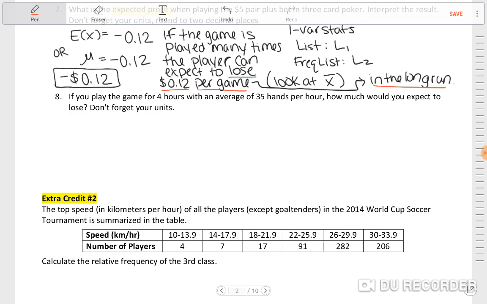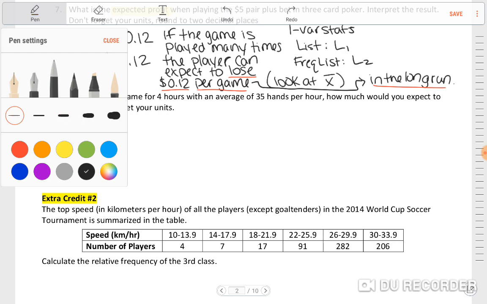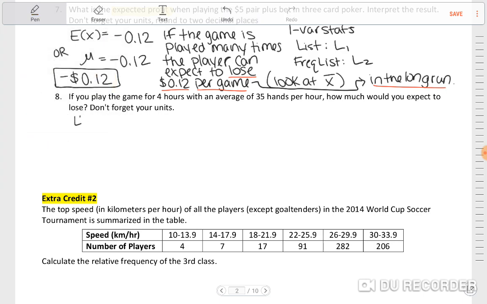So if you play the game for 4 hours with an average of 35 hands per hour, that means you're going to be playing a total of, so for 4 hours times 35 games per hour, your hours cancel there. 4 times 35, which is 140 games, or hands, games or hands, either way you want to say it.